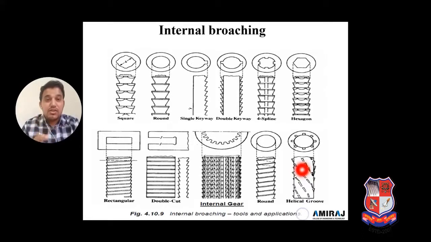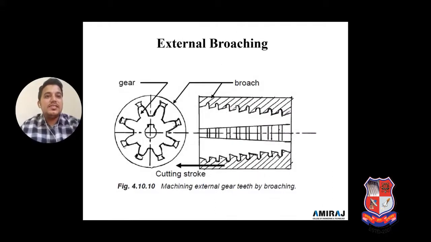When any rotary type of stocks are there, for the hoisting purpose, whatever cylinder we are using, internal threading is required, and that internal threading will be the helical groove. So you can observe that these are the applications of internal, and this is the external. You can observe here this is the particular tool, and this is the gear. So we can utilize this for such applications.